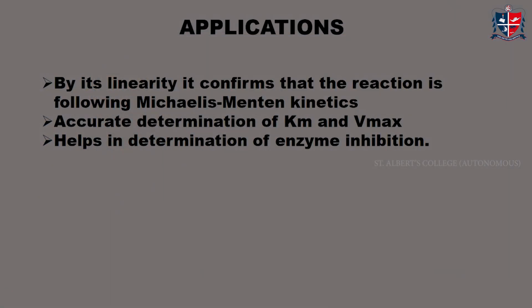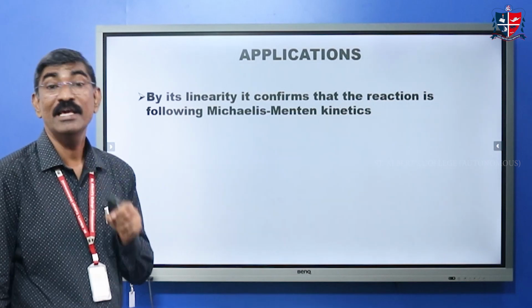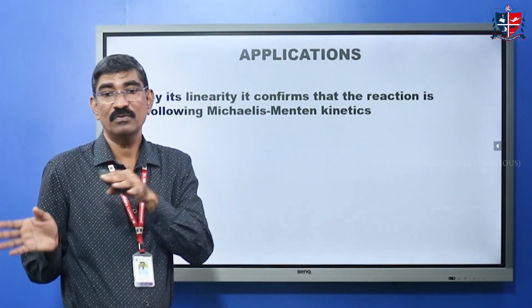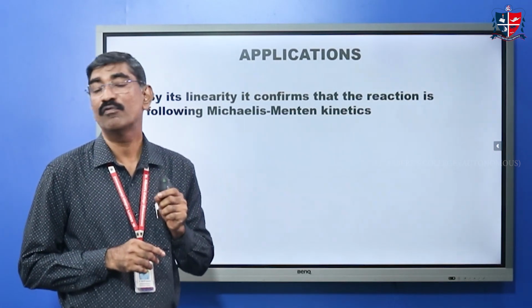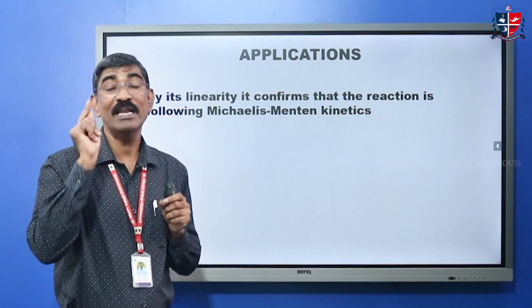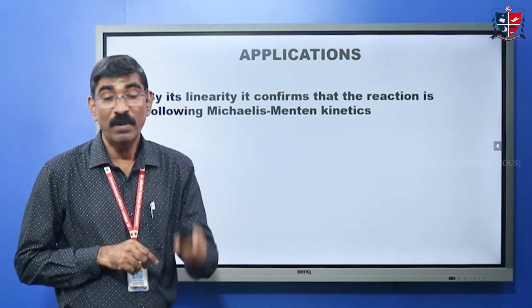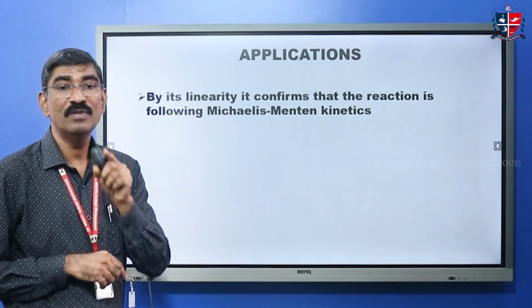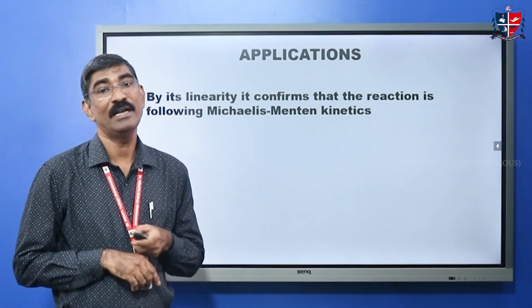Okay, so coming to the applications of the Lineweaver-Burk plot. By its linearity, if you plot the inverse value of substrate concentration and the inverse value of initial velocity, you will get a straight line, unlike the first one. So by its linearity, it confirms that this reaction is following Michaelis-Menten kinetics.